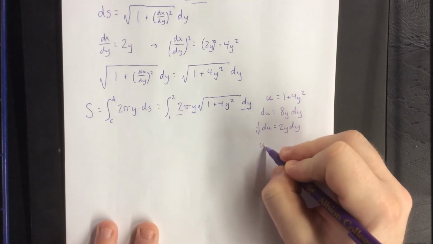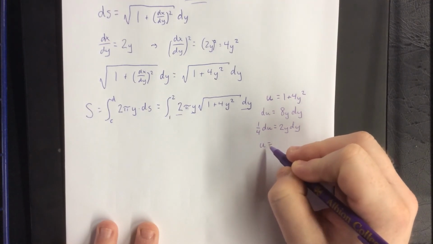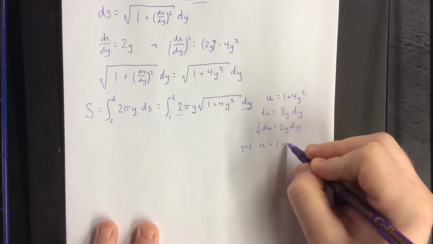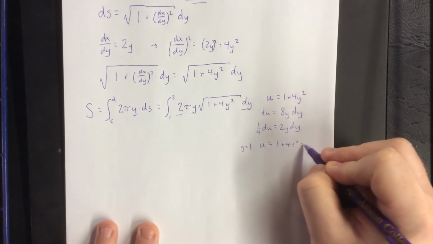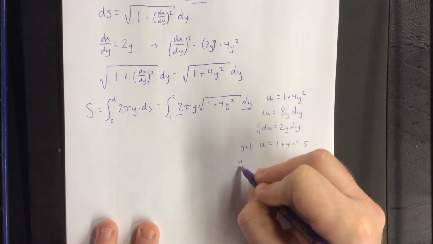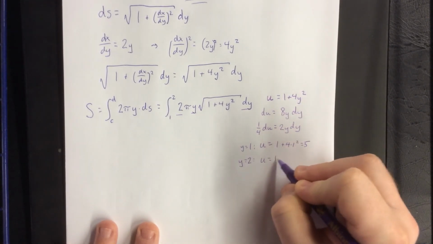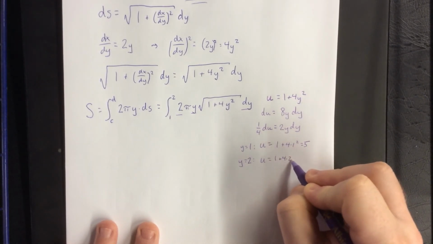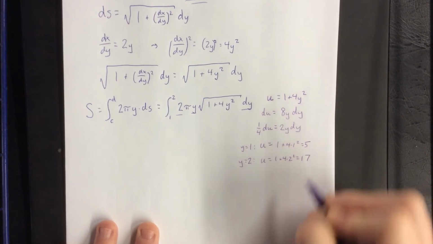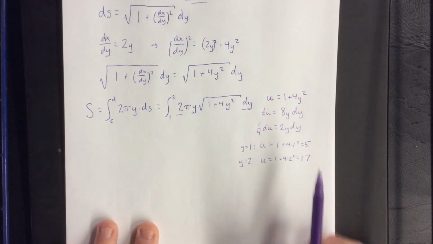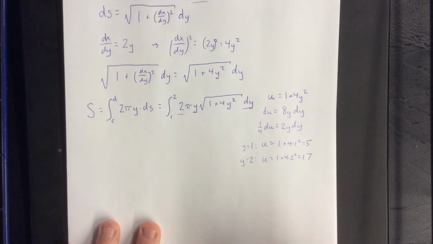We also need to know what our limits of integration will be after substituting. So at y equals 1, u would be equal to 1 plus 4 times 1 squared, which is 5. And at y equals 2, we'll get u is equal to 1 plus 4 times 2 squared, which is 17. By an amazing coincidence, 17 and 5 were the two numbers that we saw last time we did this problem.